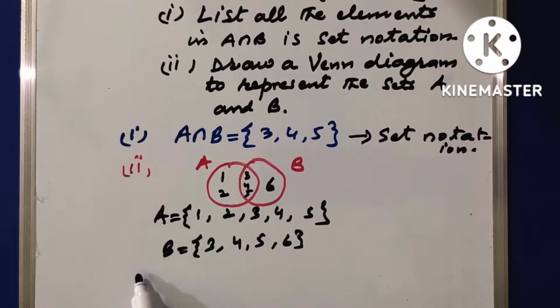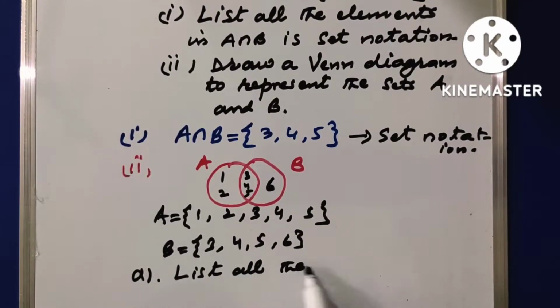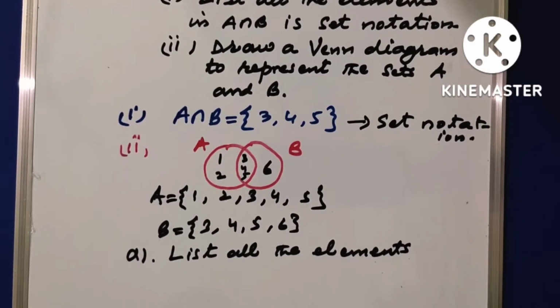A part, list all the elements in A union B in set notation.